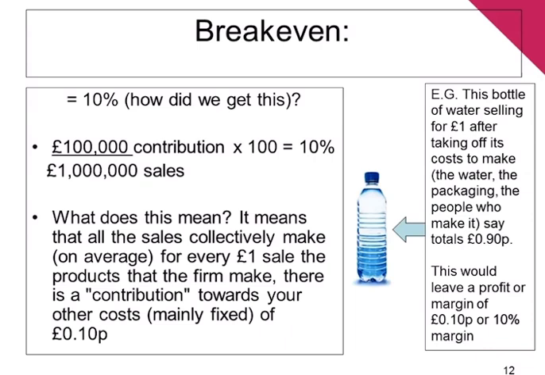What that means is, again, let's use an example of a bottle of water: if we sold it for £1, it would cost 90p to make, and we make 10 pence on every bottle that we sell. Okay, and that's all we're saying. We're saying that expressed as a percentage is a 10% margin. It's not difficult, and you shouldn't cloud your judgment and make it so.